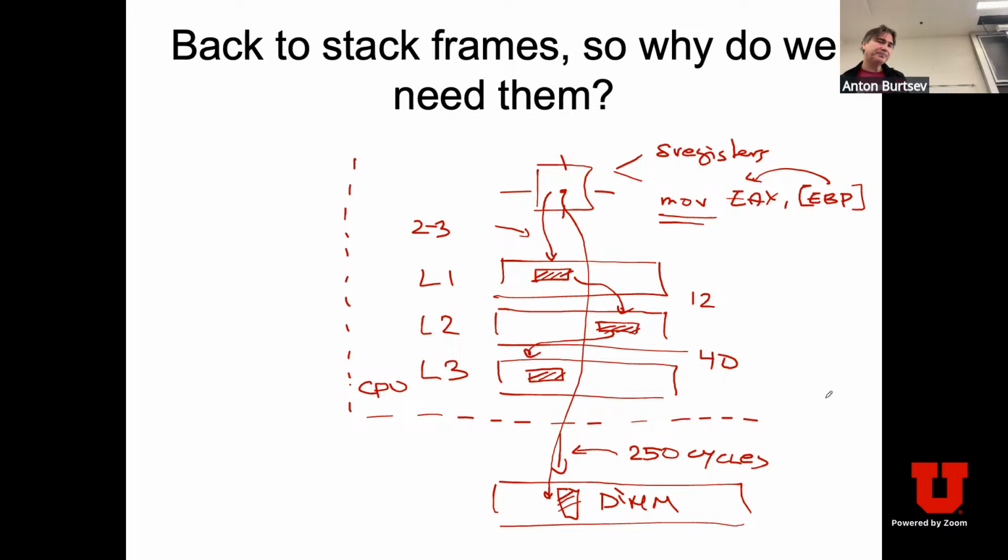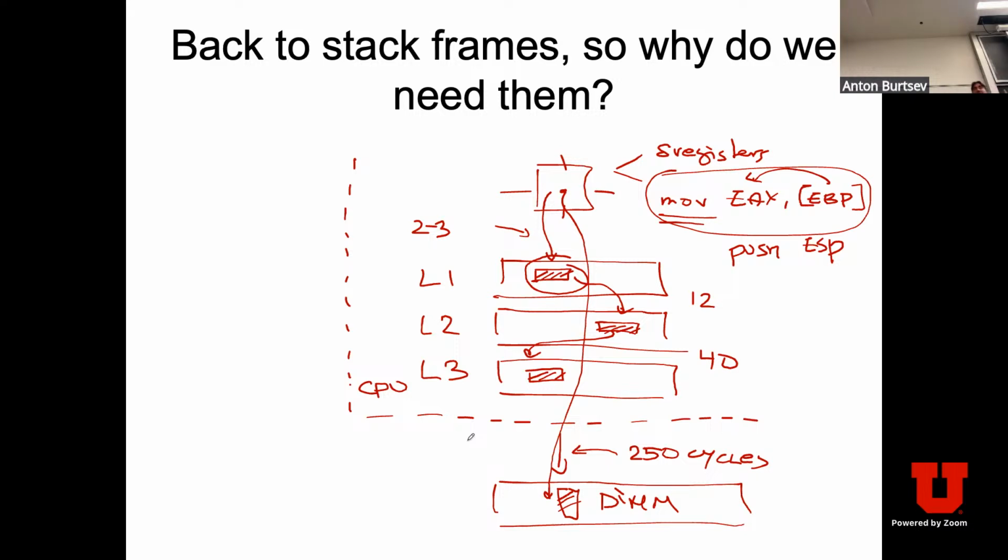And obviously, any instruction which touches memory, like a move instruction or a push instruction, push EBP or ESP or anything, will touch the memory. But probabilistically, since you were calling and returning from those functions recently, most likely the cache line you're accessing will be cached somewhere in the caching hierarchy. Of course, when you call the very first function for the very first time, like main, it will not be cached.